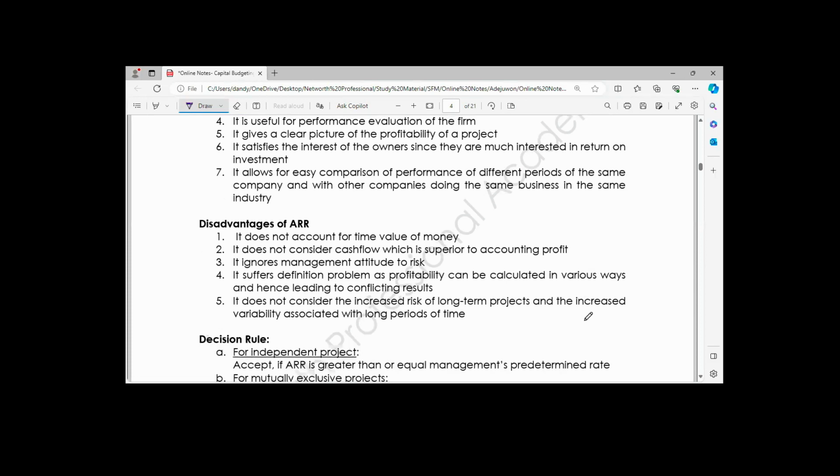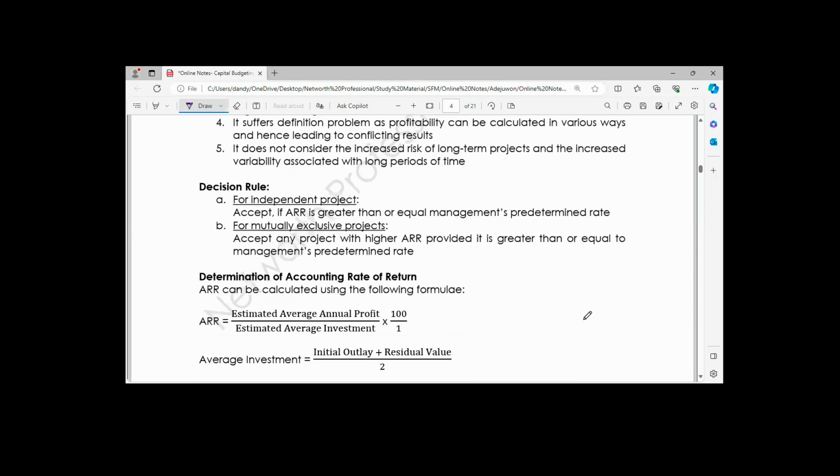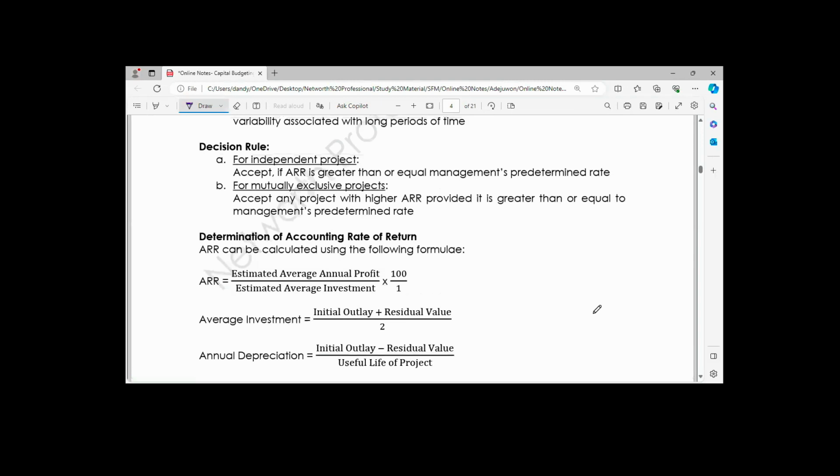So how do you then convert cash flow to accounting profit or loss? I will say profit or loss equal to the cash flow given to you minus depreciation, minus annual depreciation. This will give me accounting profit or loss.